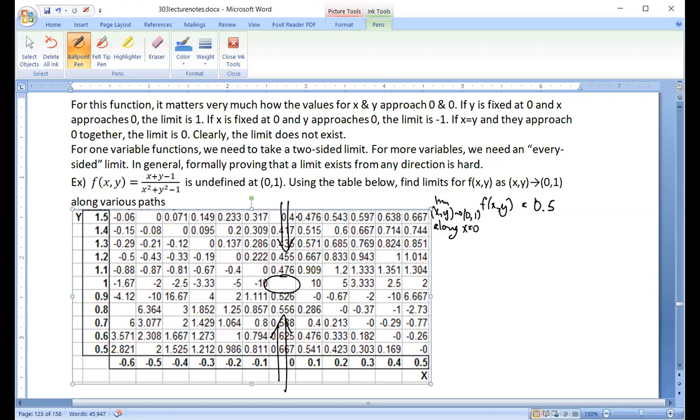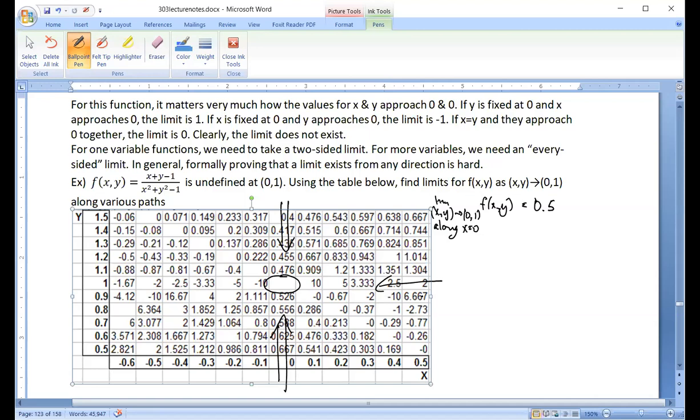Let's take another simple one. Let's take y fixed. With y fixed at 1, constant, x is changing. Now let's take x decreasing. So x decreasing means we're coming in this way: 2, 2.5, 3.3, 5, 10. What does it look like is happening to the function value as we get to our target point?